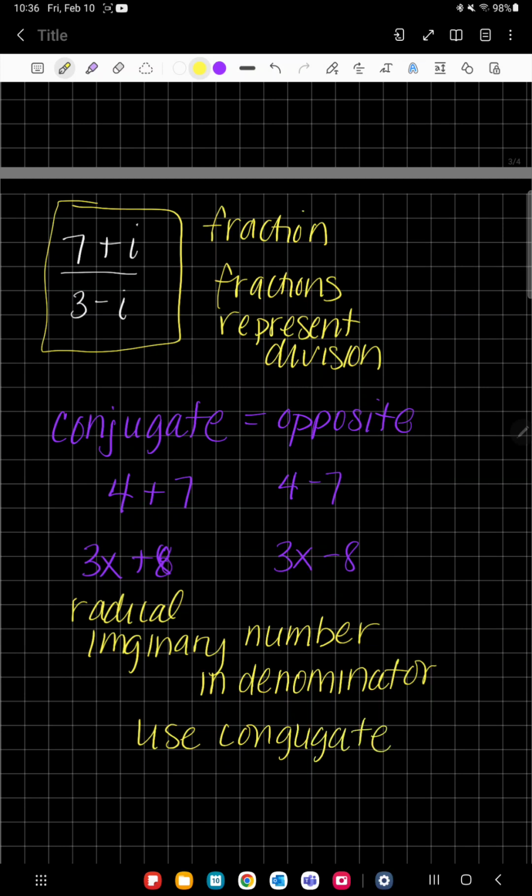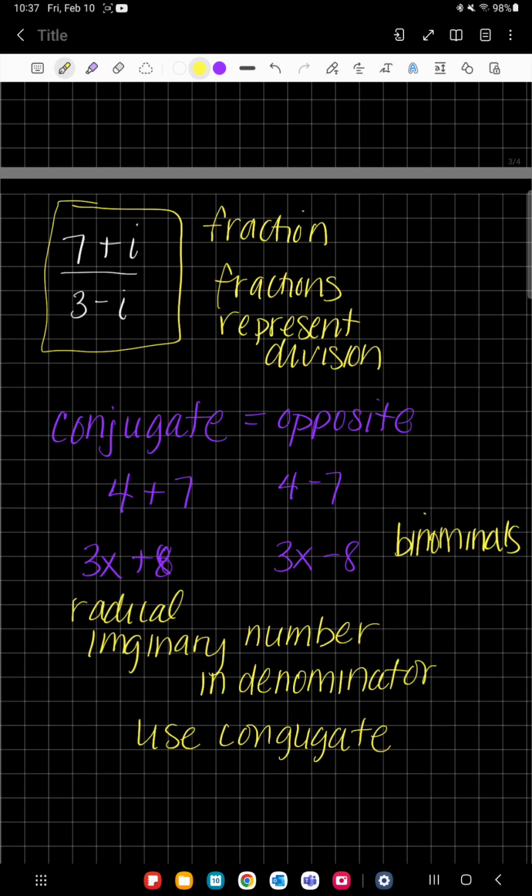And you know what? I think when you have binomials sometimes, like these are binomials. So radicals, imaginary numbers, what did I just say, binomials sometimes. And this again is how you're going to go about solving them. And definitely when you have rational functions.